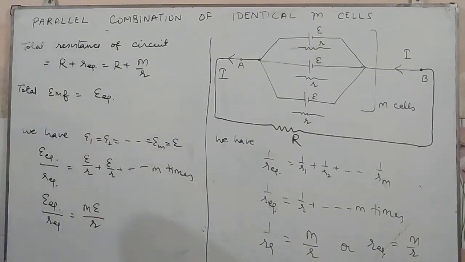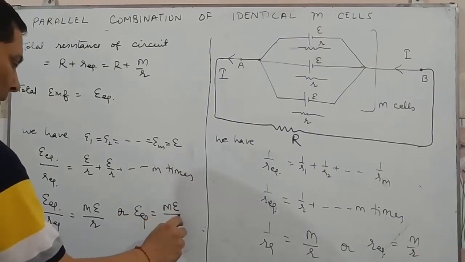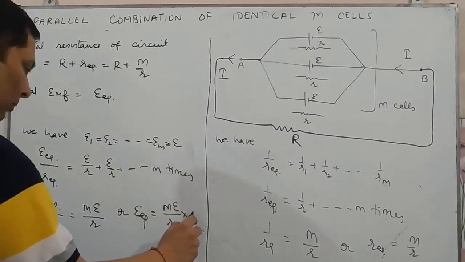Now we multiply it on this side. E equivalent is equal to m E upon r into R equivalent.